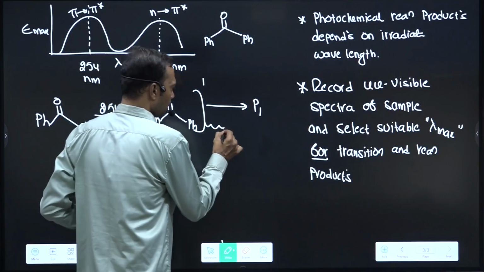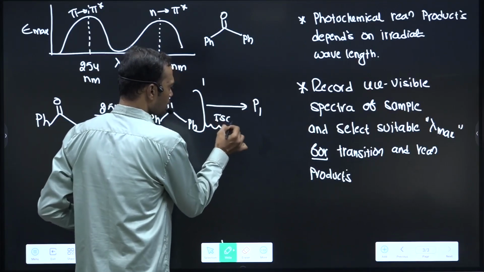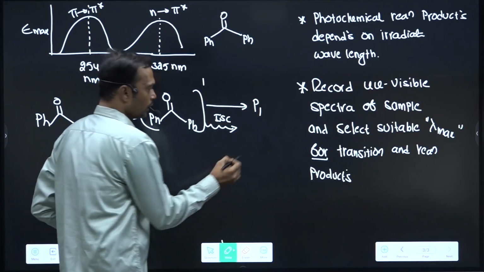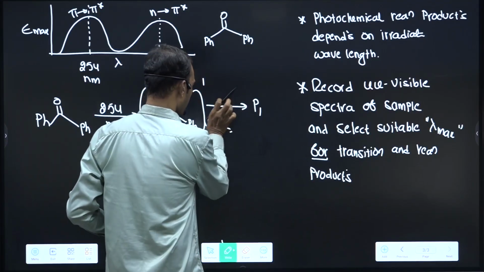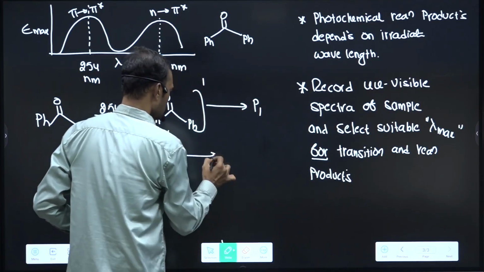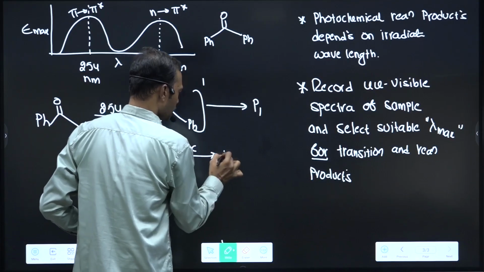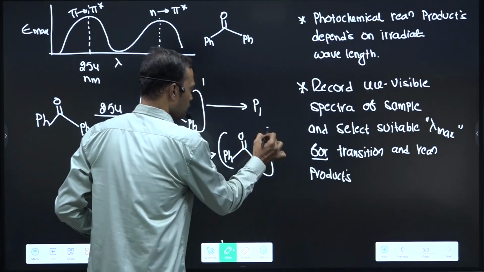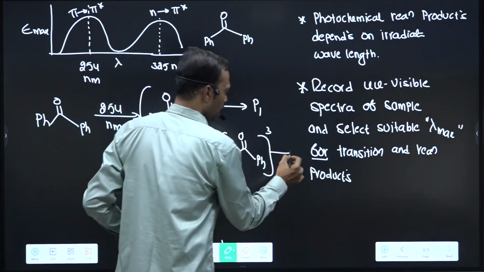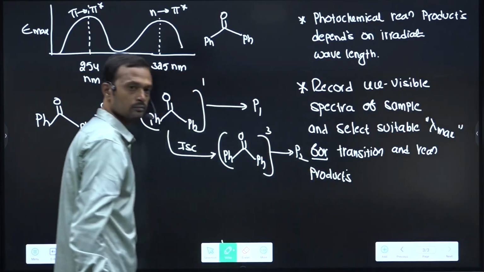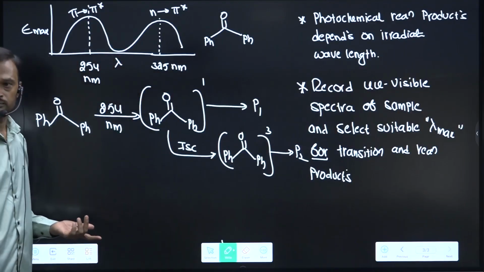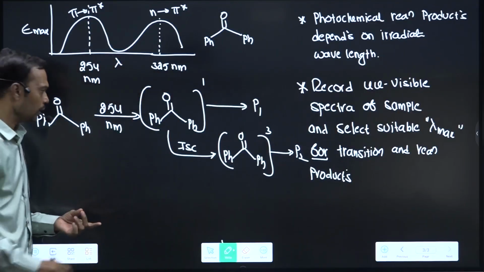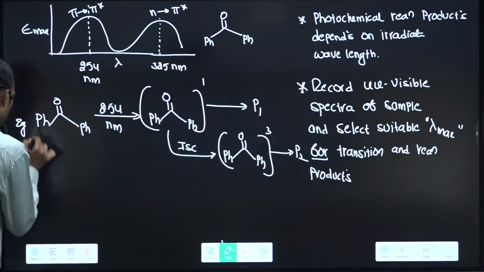Then later, it is also involved in ISC, inter-system crossing. It will undergo inter-system crossing. After inter-system crossing, it will reach the triplet state. From there onwards, it will give product 2. One more product. Okay, then this is your first example.